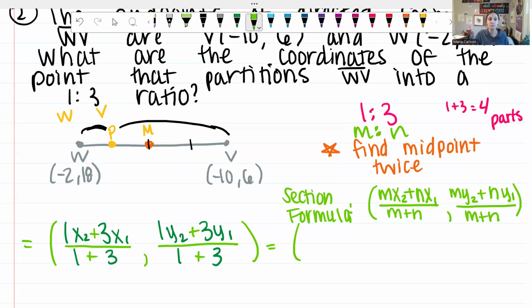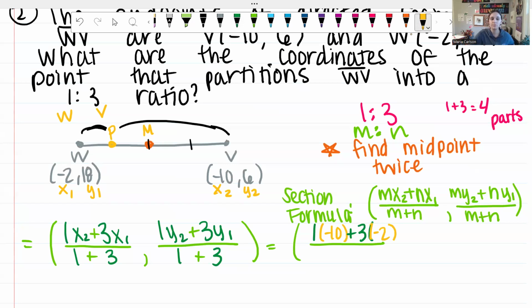And now I can substitute in the x2, the x1, all that jazz. So it might be helpful even to label those. So W is our first point, so that will be x1, y1, and then V is our second point, our x2, y2. So I have 1 times our x2, and our x2 is negative 10, so I have 1 times negative 10 plus 3 times our x1, which is negative 2.